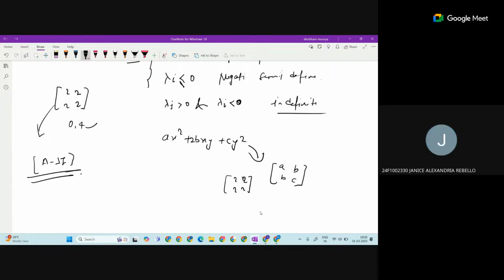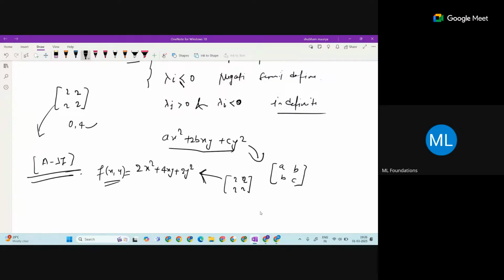This is the standard form of A, B, B, C. So this is going to be 2x squared plus 4xy plus 2y squared. This is our f of x, y.